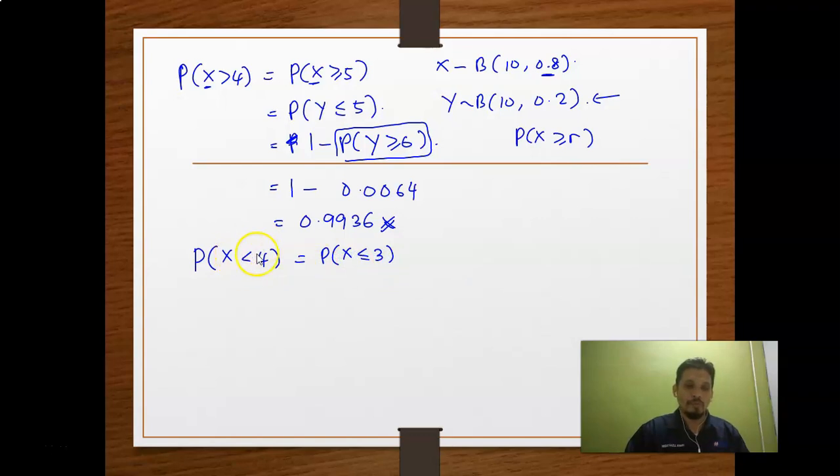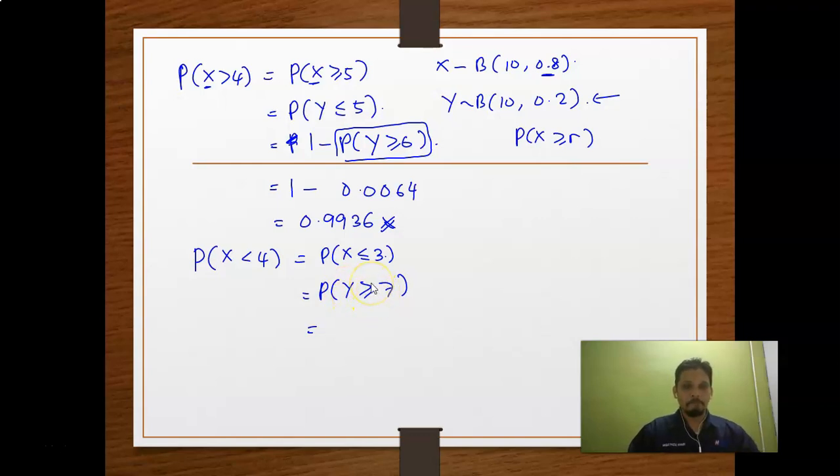So before 4 it is 3, including 3, 2, 1 and 0. Okay, turn it into the Y binomial distribution: the probability of Y greater than or equal to 10 minus 3, equal to 7.